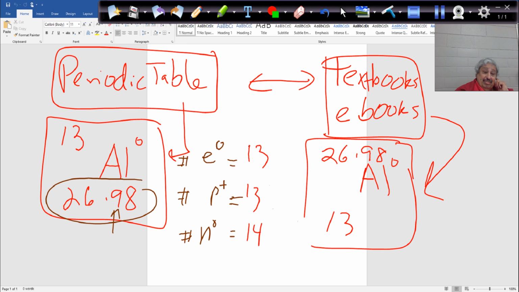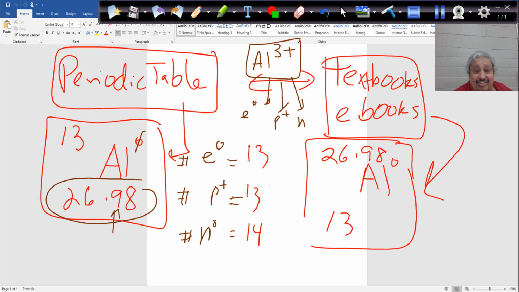Now I'm challenging myself. I don't see this as neutral here. How about if I have Al 3 plus, a positive charge? What is the number of electrons, protons, and neutrons? So can we answer this question together?